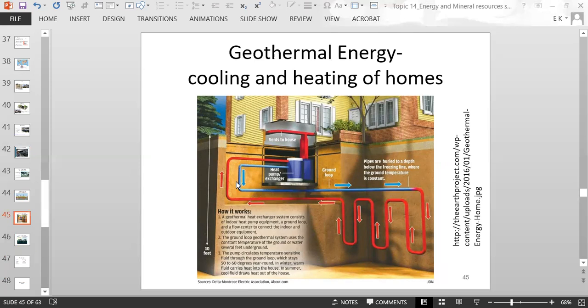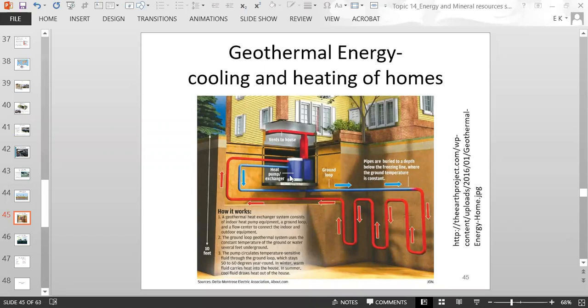So you send the liquid out into the pipes, and in the summertime, the liquid is holding heat collected from inside the home. And then you're sending the heat outward, and then the ground is able to absorb that heat. And in the winter, you have a cold liquid flowing through the pipes, collects heat from underground, and then brings that heat back into the home.